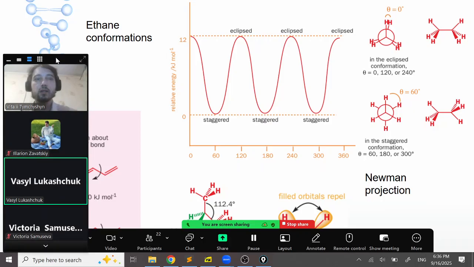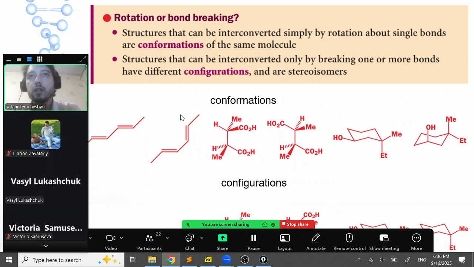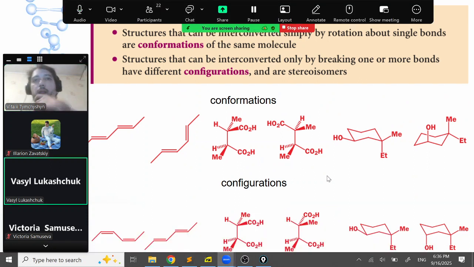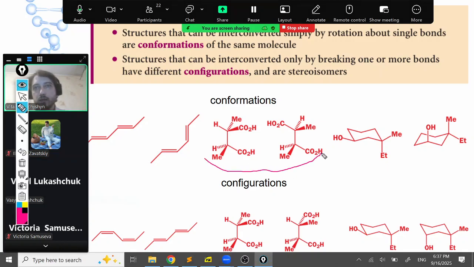Could you please return to the example with the conformations and configurations for a sec? Yes, please. Regarding the conformations, is that second molecule rotated around the single bond, or does the double bond change place somehow? The second molecule, you mean this one? Yes, that one. No, that's rotation around exactly this bond.